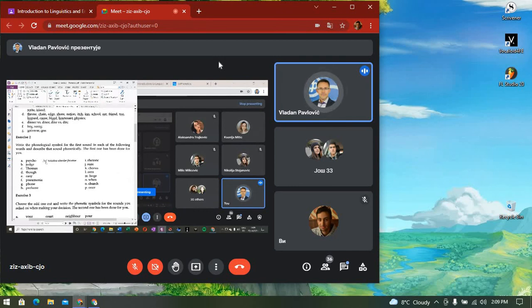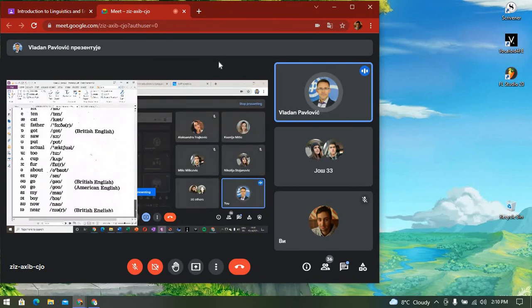Ti simboli se tipično stavljaju u ovakve zagrade koje se sastoje od ovih forward slashes, dakle od ove dve crte koje su forward leaning, da tako kažem, i za psycho napišete s, za judge napišete dž, ali ne pišete ga na srpski način, nego kao d i ono čudno, da tako kažem. Za easy napišete i s dvotačkom i sve to imate nazad, zato sam to dao.